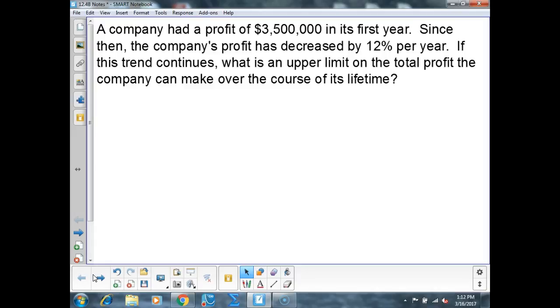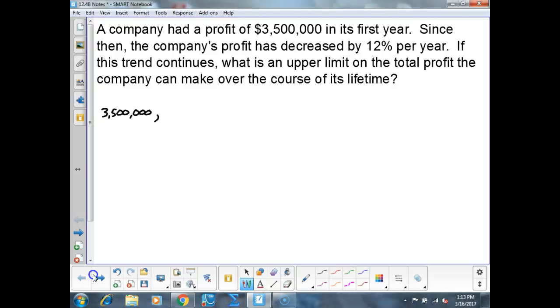Okay. Now, sometimes it might be helpful for you to write out some terms in the sequence. So, how much profit did they make their first year? $3,500,000 right off the start. Okay.